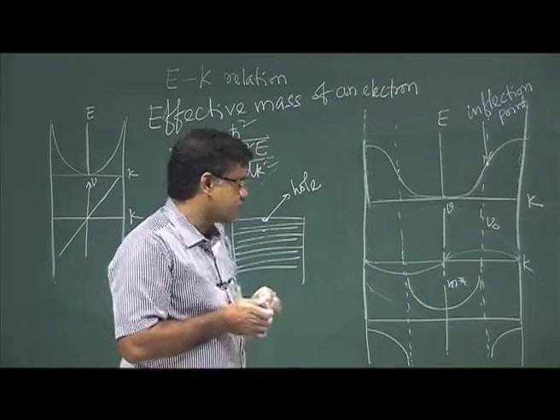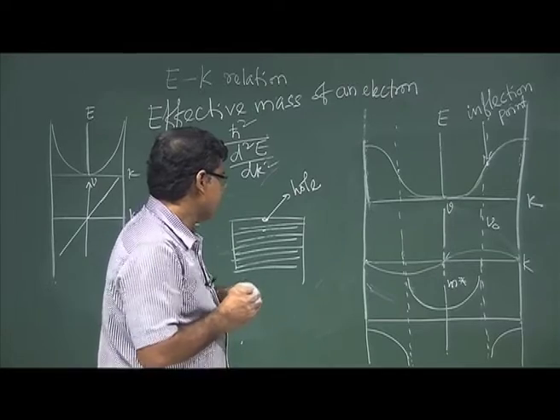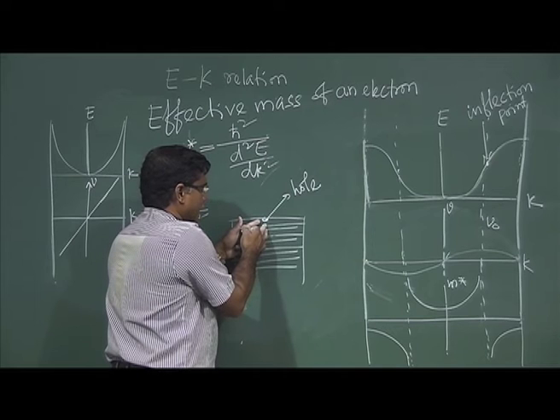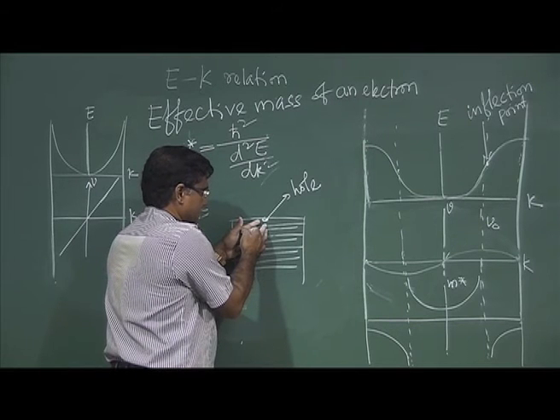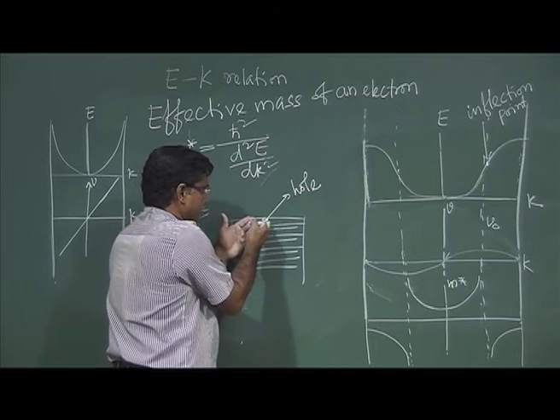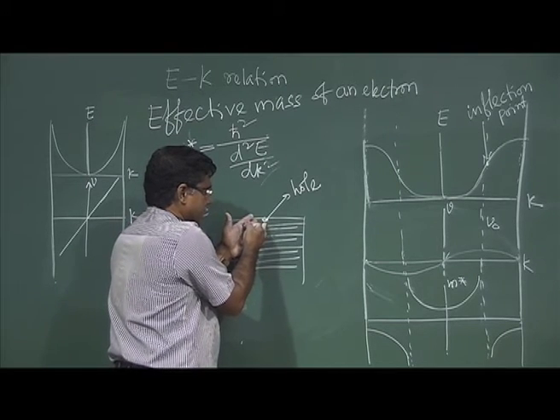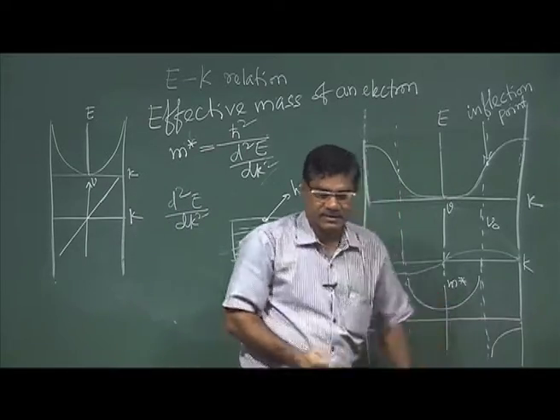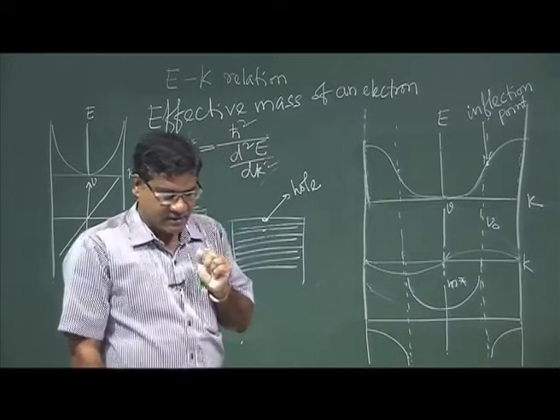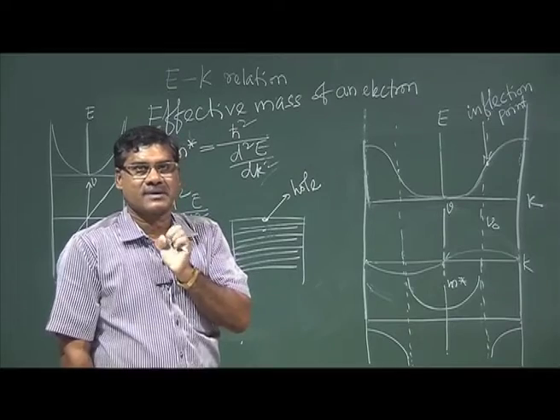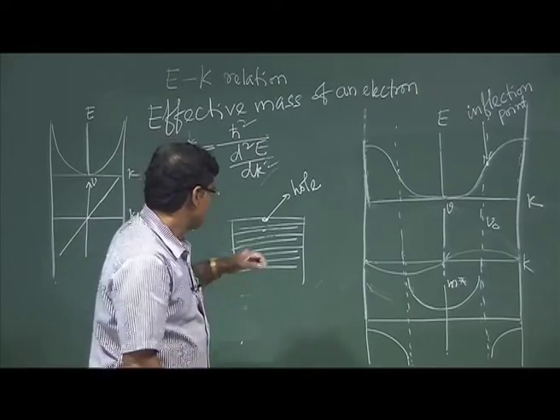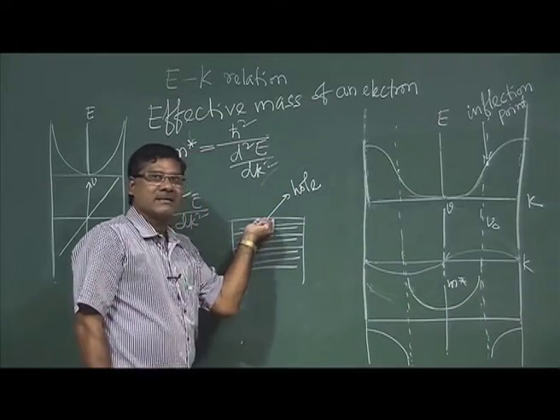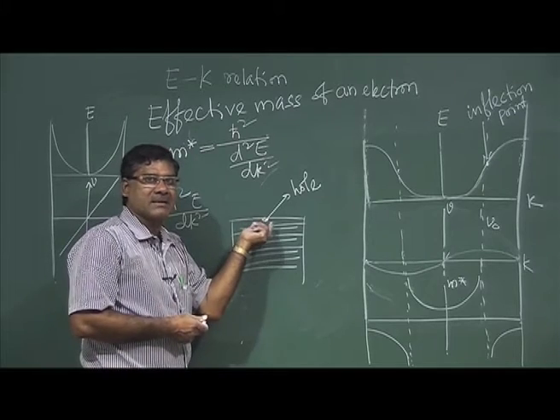When the electron is here, it's as if its mass is negative. So the electron here has negative charge and negative mass.